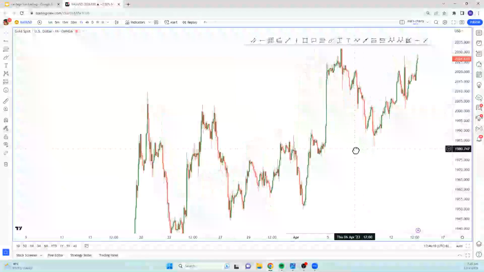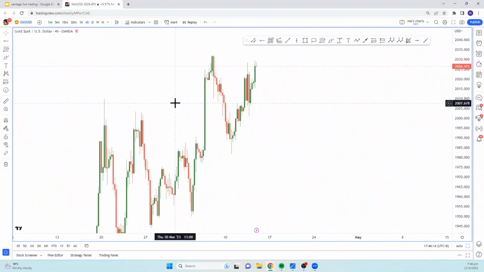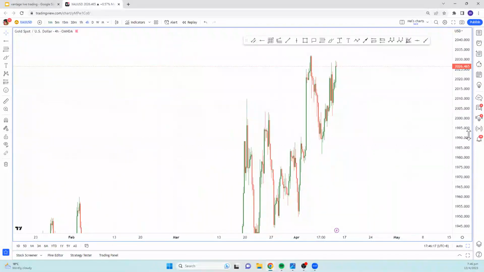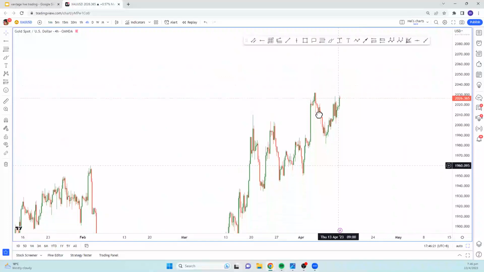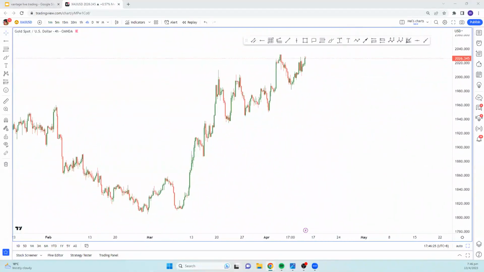Okay, so the 4 hour and 1 hour charts look pretty similar, so it doesn't really matter which charts I use in this case. So I'm just going to use 4 hours. But it's entirely up to you.